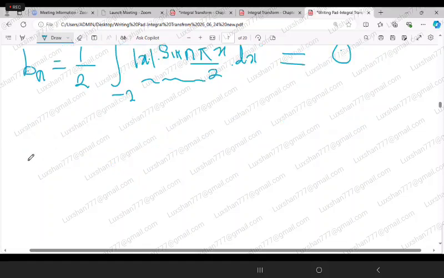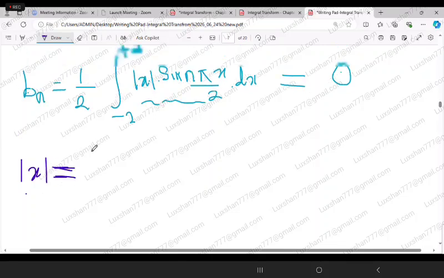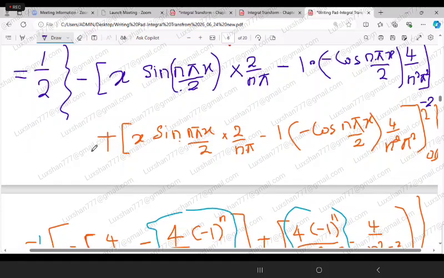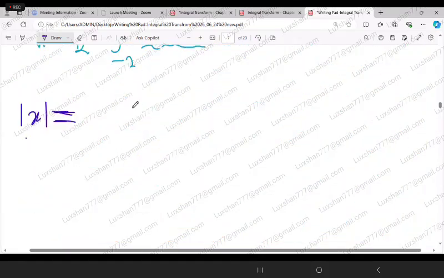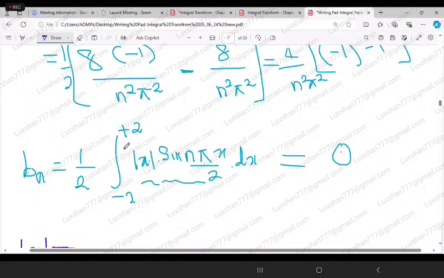Therefore, now we can write this series expansion. Mod of x is equal to, we have our an.